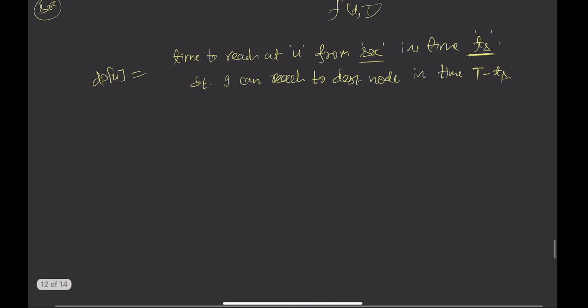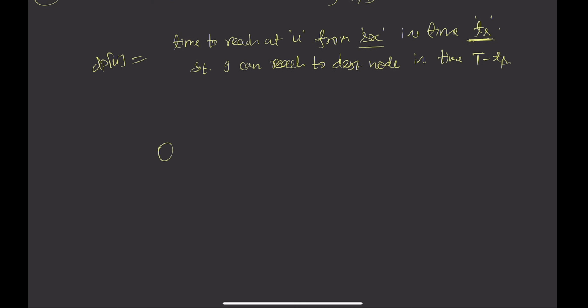That means for the source node, the distance from source will always be 0 and the distance to destination will be T, the shortest amount of time. So it will have these 3 nodes, let's say, in the first case. From source I can go to this in t1.